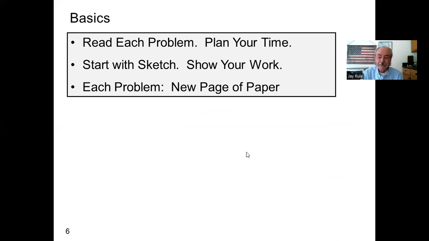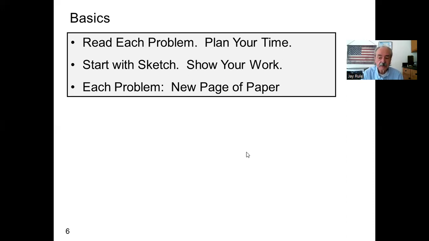Just some basics about test taking, and particularly the final exam. Read each problem first. That can help you plan your time. Of course, you're going to take a clock in with you, some type of clock. Start with a sketch and show your work. Start each problem on a new page of paper.